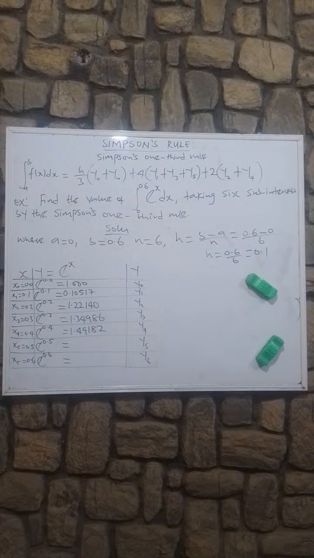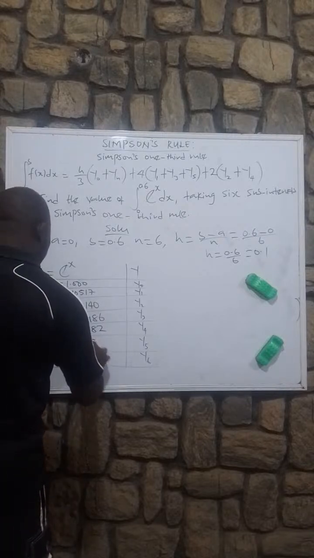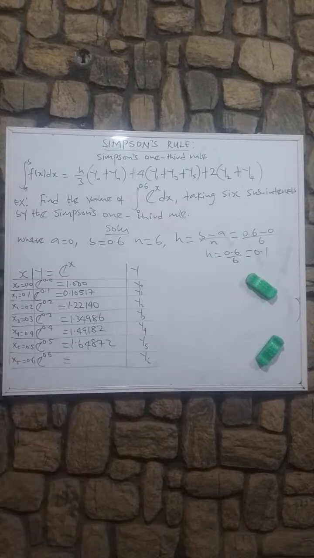Then press exponential 0.5. We are going to have 1.64872. Then press exponential 0.6.